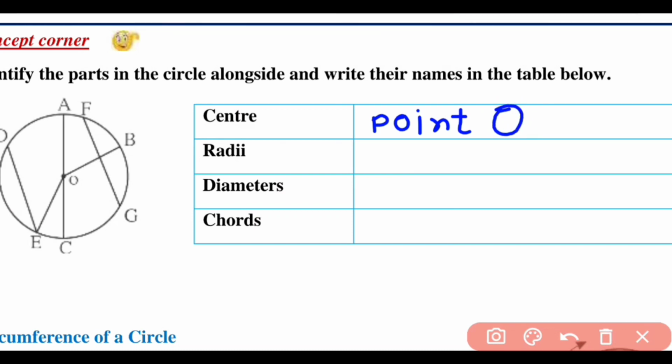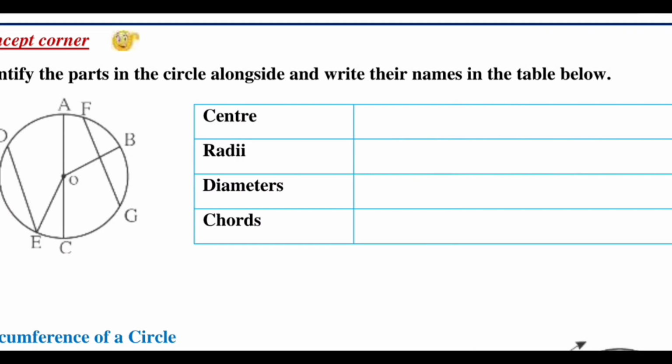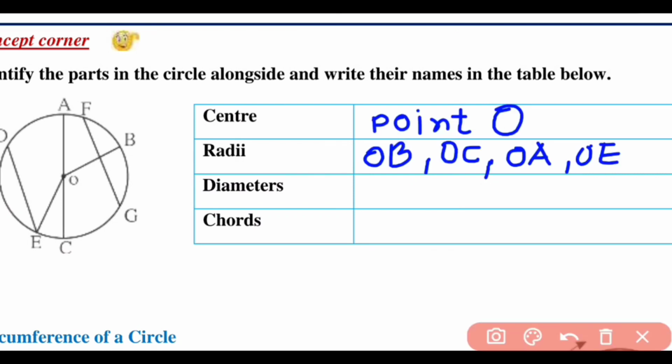Then radii are, we have seen segment OB, segment OC, segment OA, segment OE, and yes, only 4 segments are there which are the radii of the circle. Okay, now diameters, we can see only one diameter. See children, every time you have to write segment. Here I have not written it in radii because I don't have that much space. You have to write in your notebook very nicely.